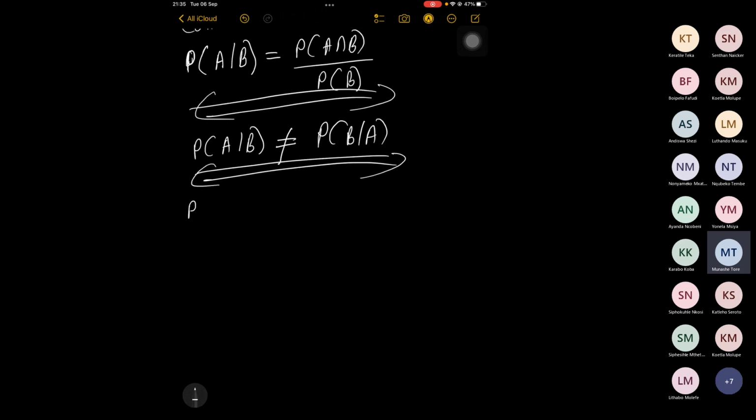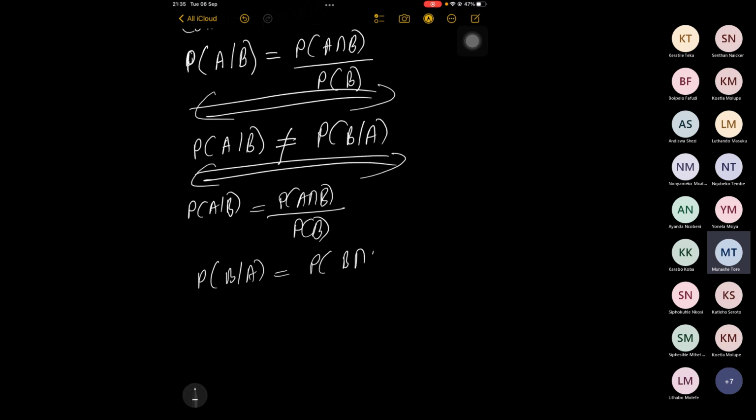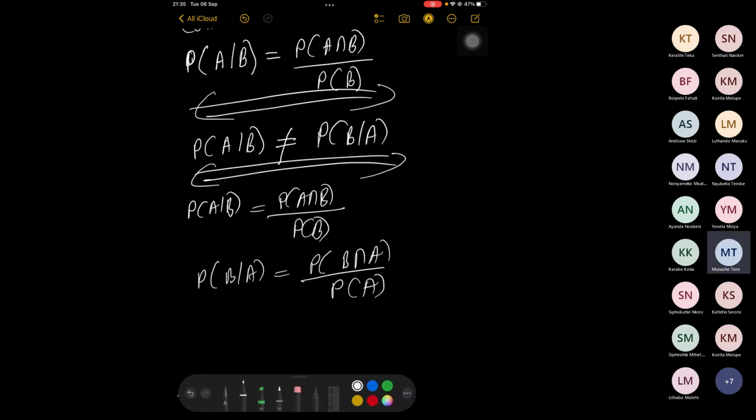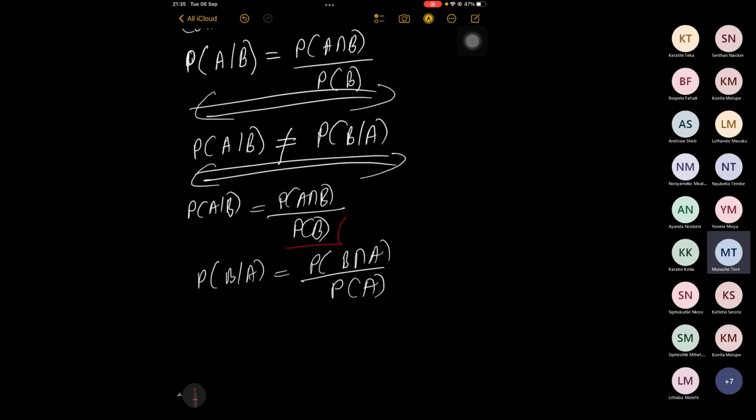Because we said probability of A given B is equal to probability of A intersection B over probability of B. Then probability of B given A is going to be probability of B intersection A over probability of A. So you can see where the difference in these formulas arises. It's simply because of the denominator.